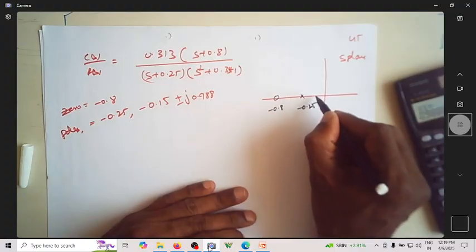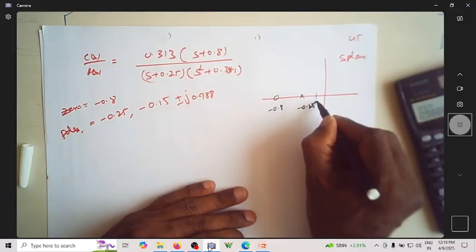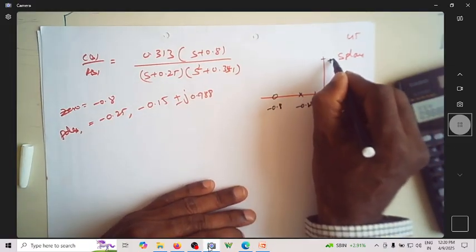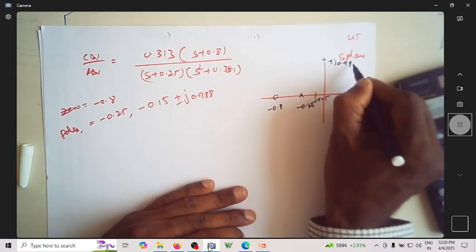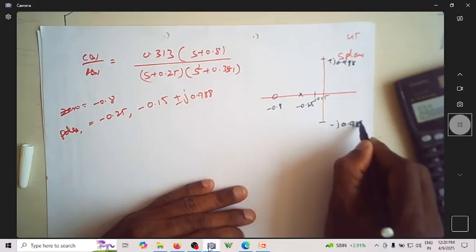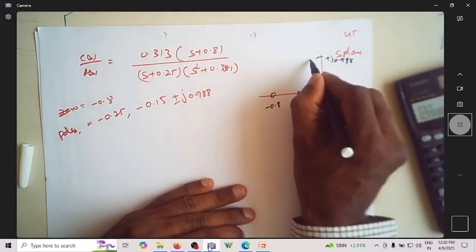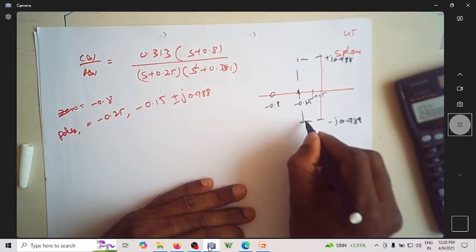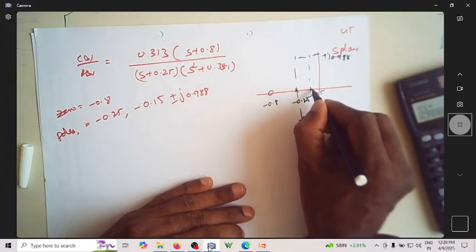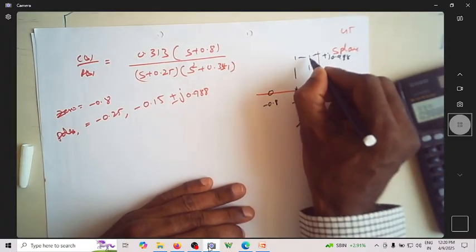The other two poles are at minus 0.15 plus j 0.988 and minus 0.15 minus j 0.988. Because your real part is this, so you have the poles.